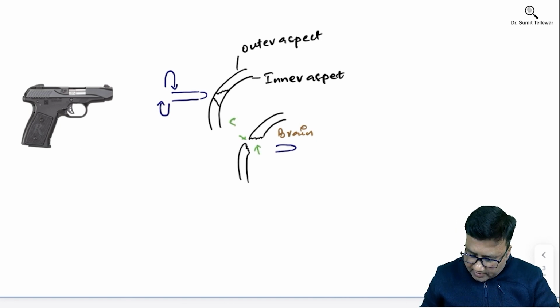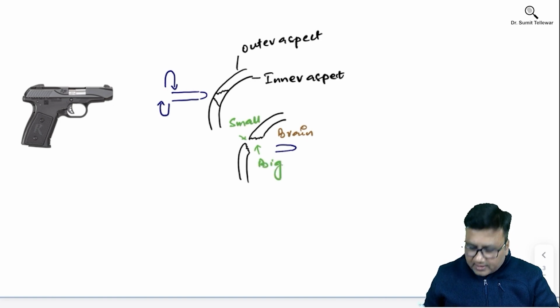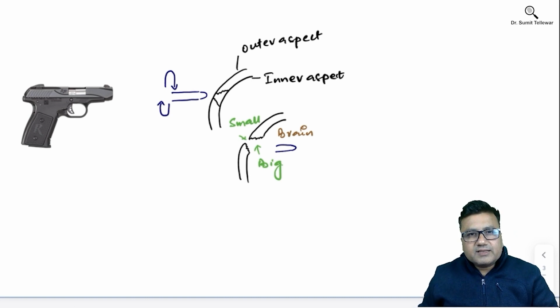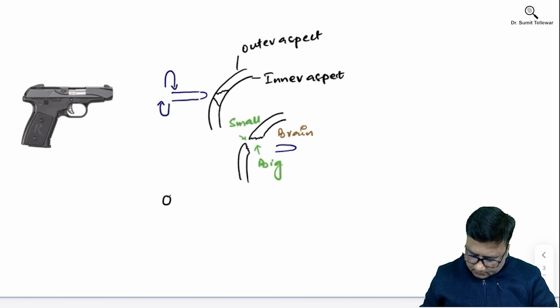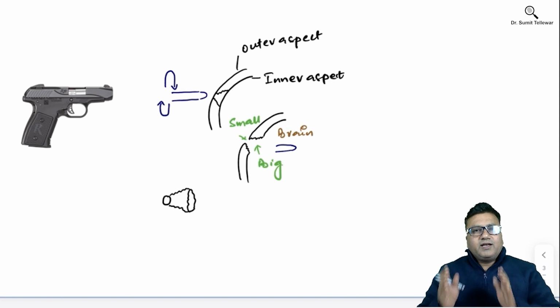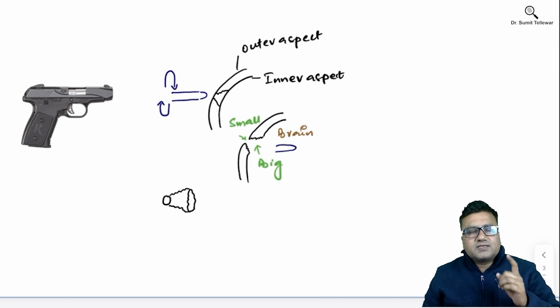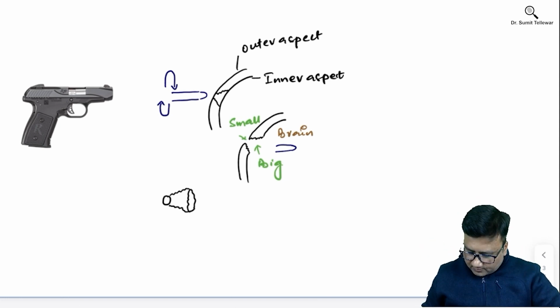So this opening is small and this is big. We can say it may look something like this, right? With telescoping of the edges inwards.